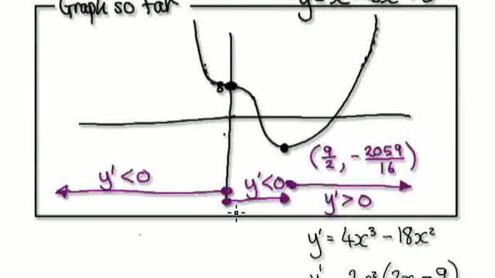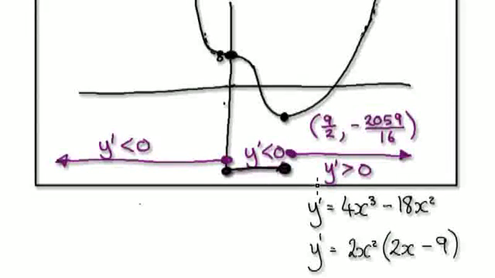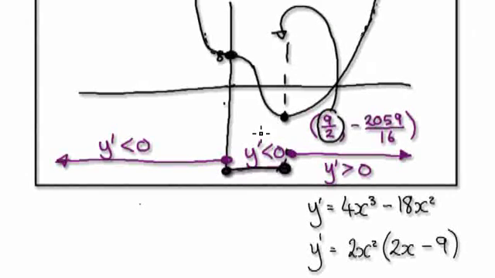Now let's check in the region between here and here. The critical point here is 9/2.